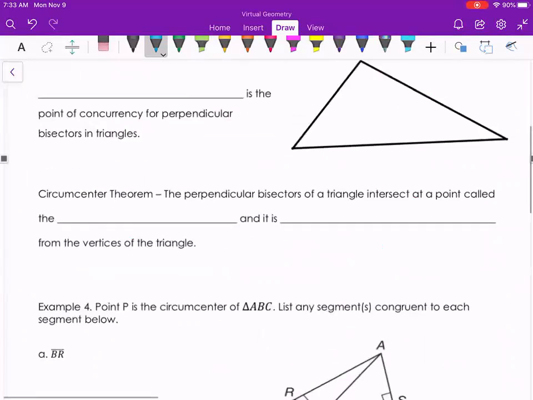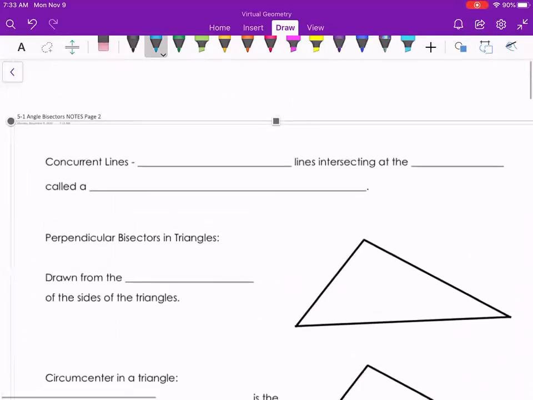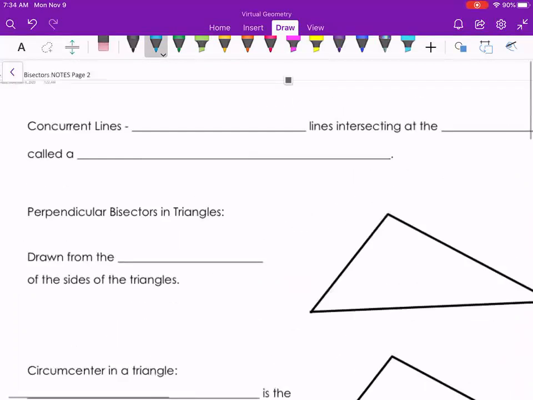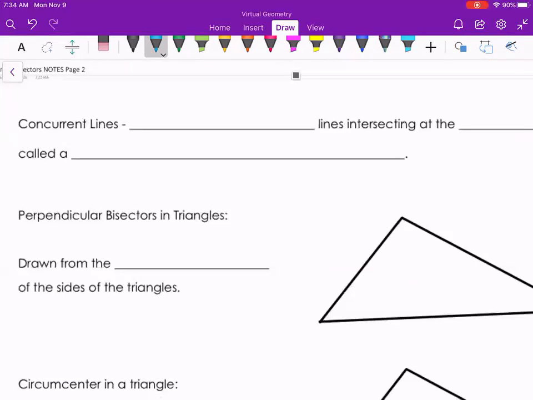All right, so let's see what happens when we bring in some other parts of your perpendicular bisectors. Now, every triangle has 3 sides. So when we bring in your perpendicular bisectors specifically to these triangles, we're going to get what's called concurrent lines. So specifically, what are concurrent lines?